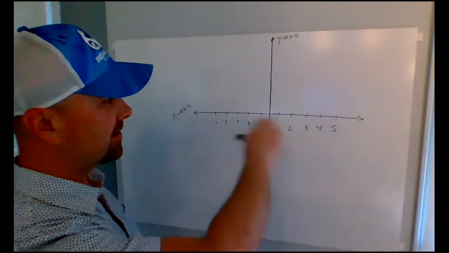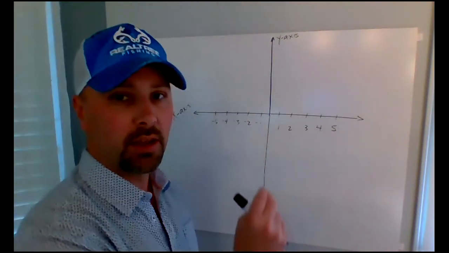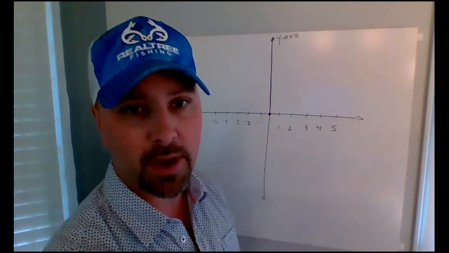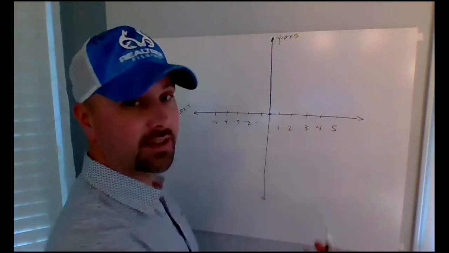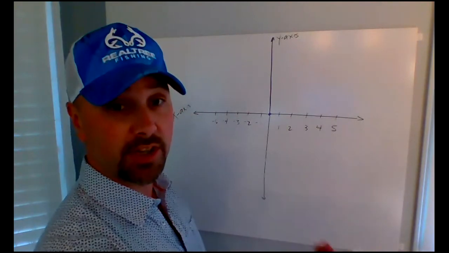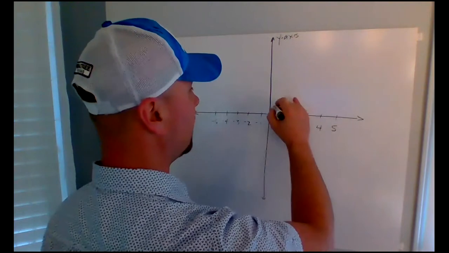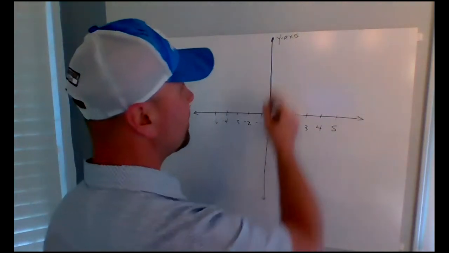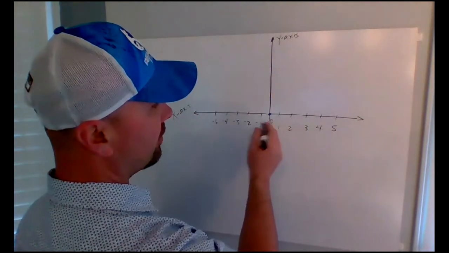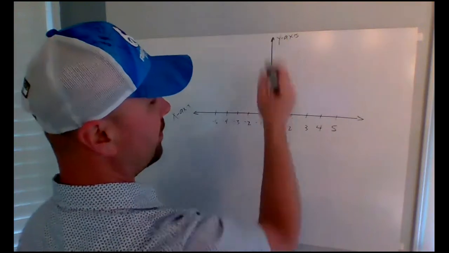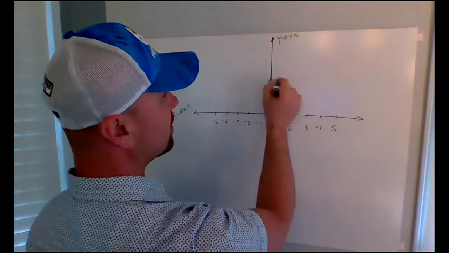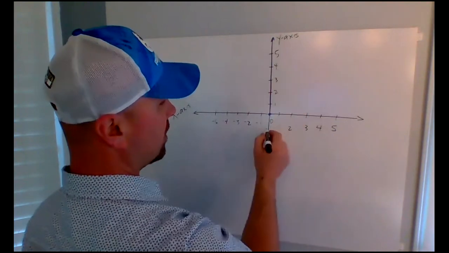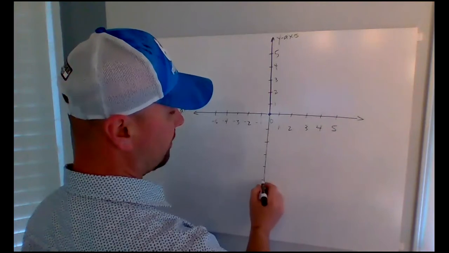Okay, so we have the x-axis and we have the y-axis. Again, the y-axis has a 0 in the same spot as the x-axis. This point actually has a name. It's called 0, 0, the origin. Okay, it's 0 on both number lines. As far as the y-axis is concerned, of course, if we go up from 0, there are our positive numbers. And as we go down, these are our negative numbers.